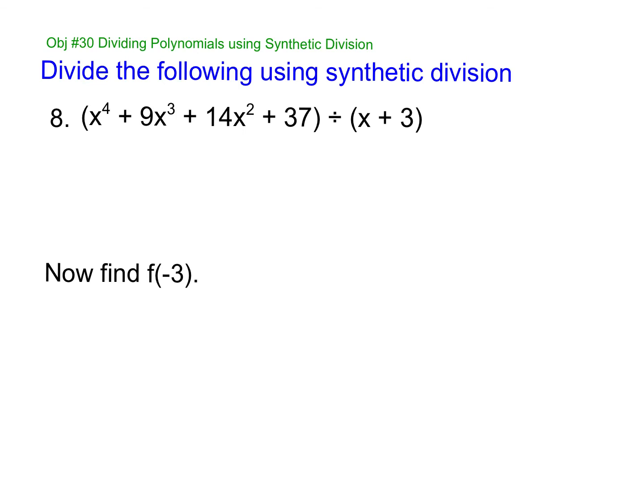So using that idea, try this one. Do synthetic division to find f of -3. So our -3 goes on the outside. Notice that this and this are the same, because we have to just switch that sign. 1, 9, 14, 37.